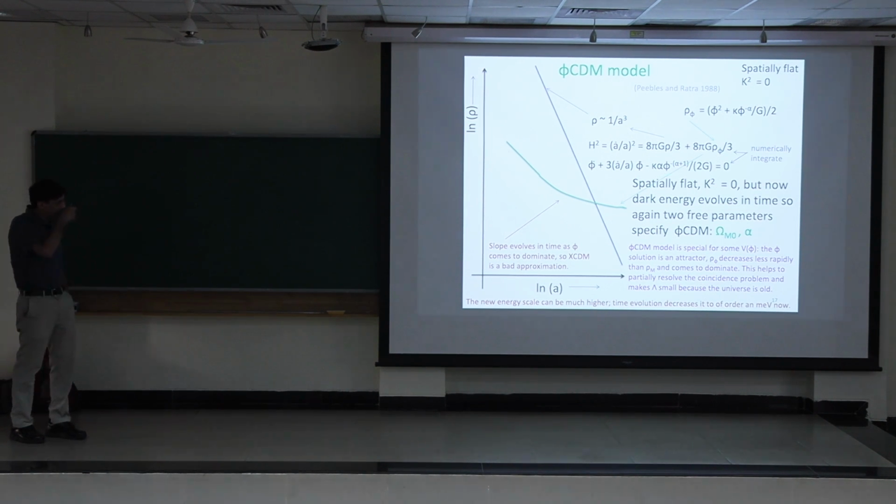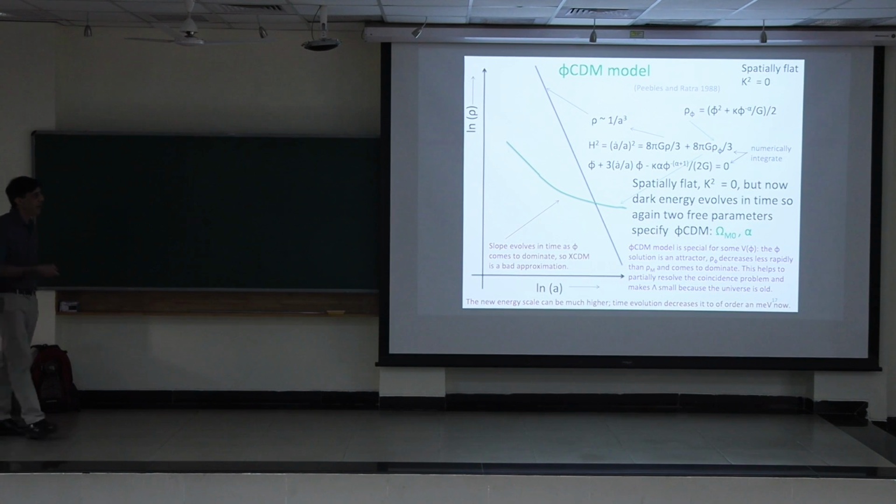And you can't solve these equations analytically, but you can solve them numerically, and you find a really nice phenomenon here. You get attractor solutions, and depending on which epoch you're in, so if you started in the matter epoch when the matter dominates, this guy starts bending and it wants to come to dominate over the matter energy density, and that can help explain why we're coming into a dark energy dominated epoch now.